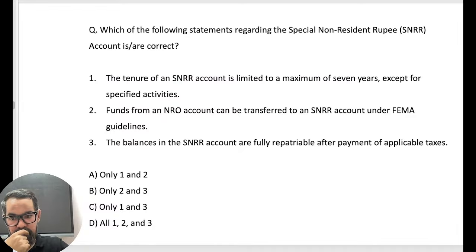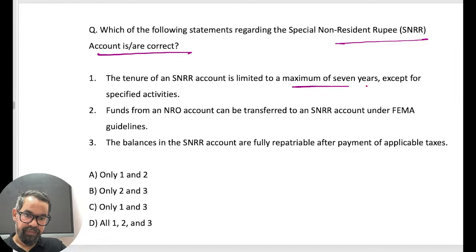One more question. Which of the following regarding SNRR are correct? So SNRR account is something when an NRI has some business interest in India. So for those transactions, they can open or maintain an account with an Indian bank, that is called SNRR account. Okay?